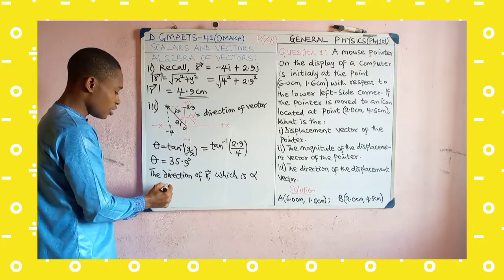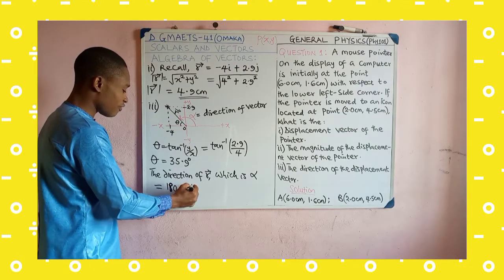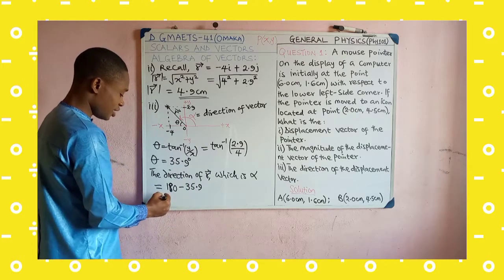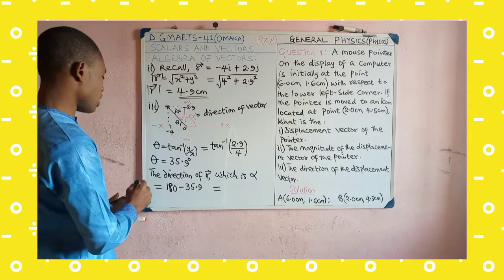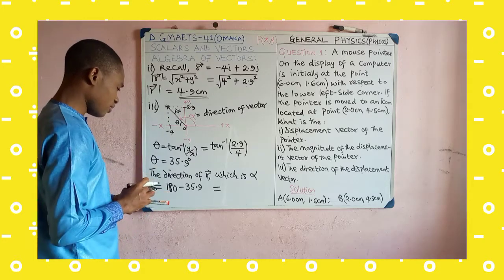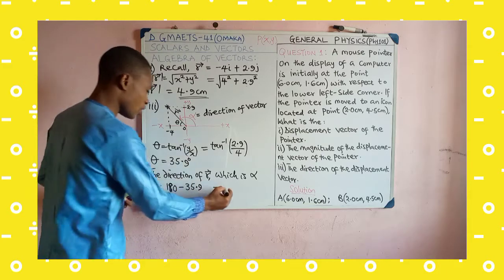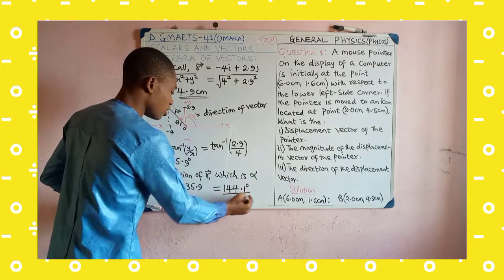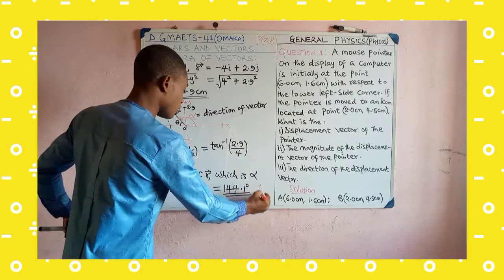So to get the value is going to be 180 degrees minus 35.9 degrees. And if you do that, the direction is now equal to, if you subtract, that's 144.1 degrees. So this is the direction of the displacement vector.